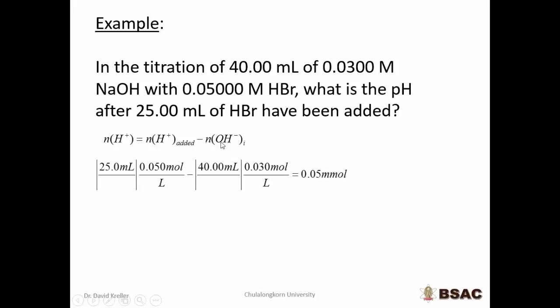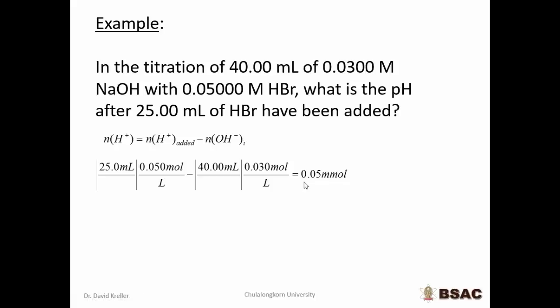Okay, so the number of millimoles of hydrogen ions that we've added will be 25 mL times the HBr concentration. Okay, and then subtract the initial number of millimoles of hydroxides that were there. That's 40 mL times 0.03 M. Calculate this with the subtraction, we get 0.05 millimoles of hydrogen ions from the HBr left over.